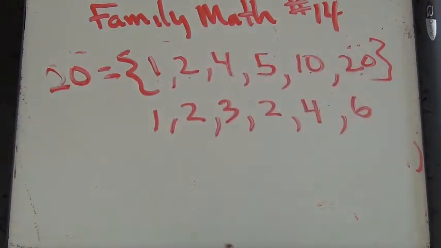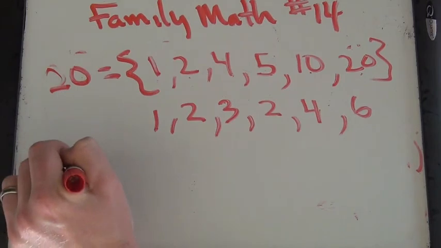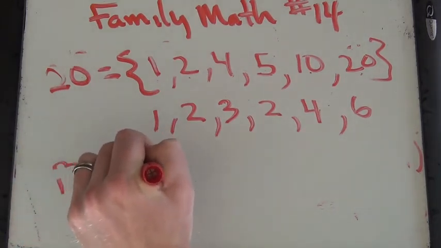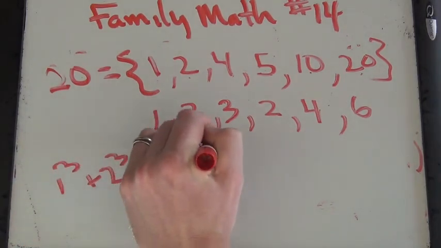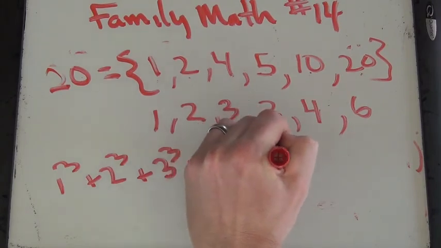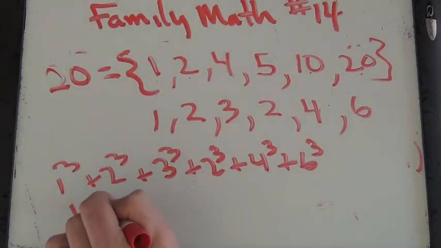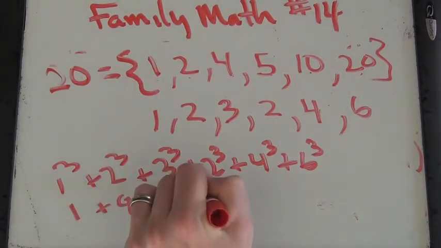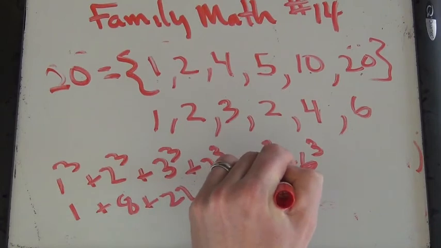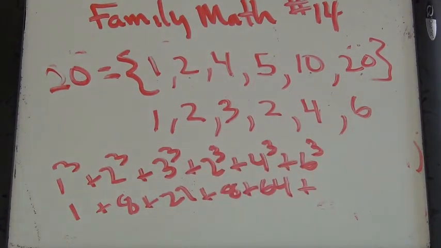Okay, so now we're going to look at this crazy sum. 1 cubed plus 2 cubed plus 3 cubed plus 2 cubed plus 4 cubed plus 6 cubed. Okay? This happens to be 1 plus 8 plus 27 plus 8 plus 64. And anyone know what 6 cubed is?